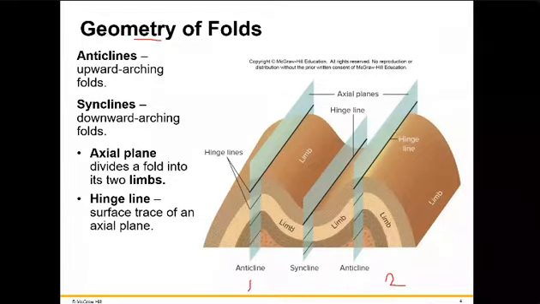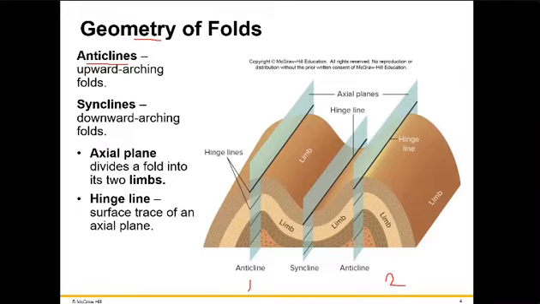The first thing I want to let you know is this word called anticline. Okay, anticline. So an anticline is an upward arching fold. So when you say upward arching, it means that the crest of this fold is at the top.